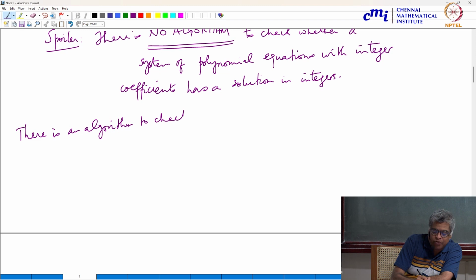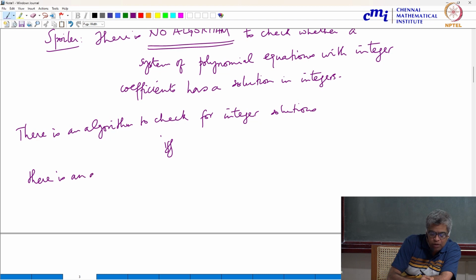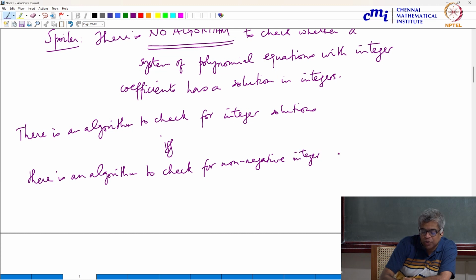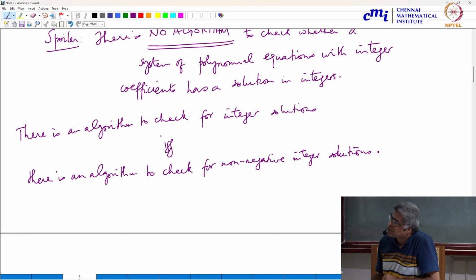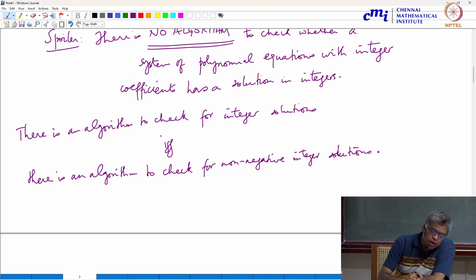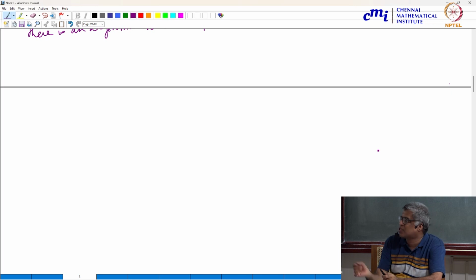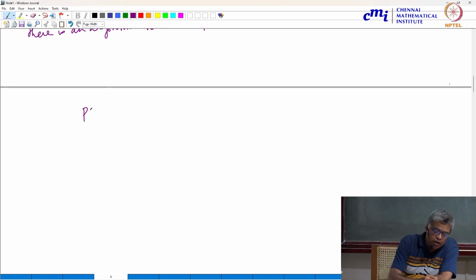There is an algorithm to check for integer solutions if and only if there is an algorithm to check for non-negative integer solutions. How? Suppose I'm giving you, for simplicity, instead of a system of equations, just one equation, some polynomial in variables.